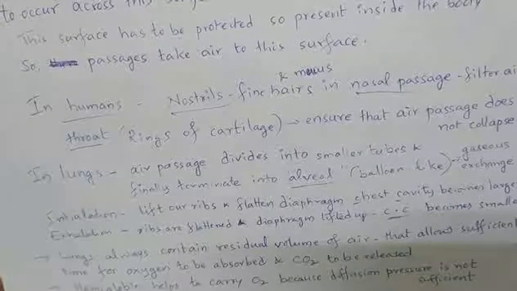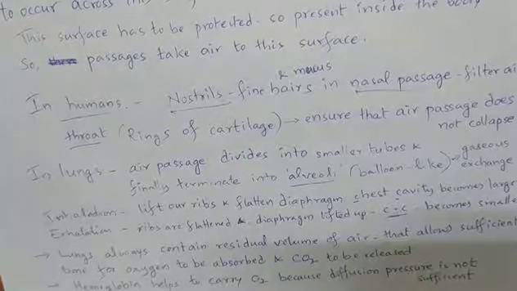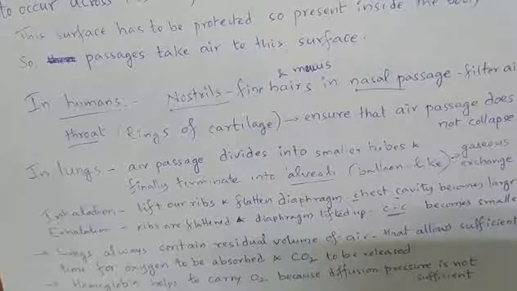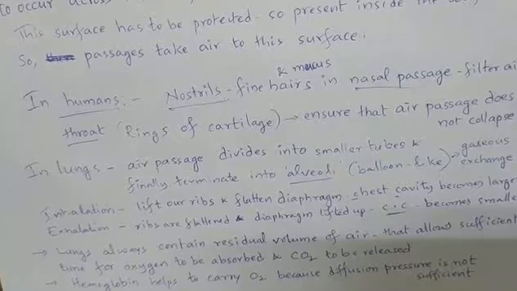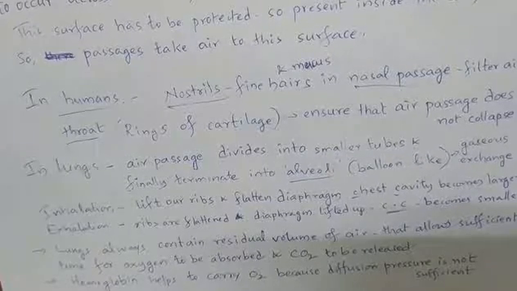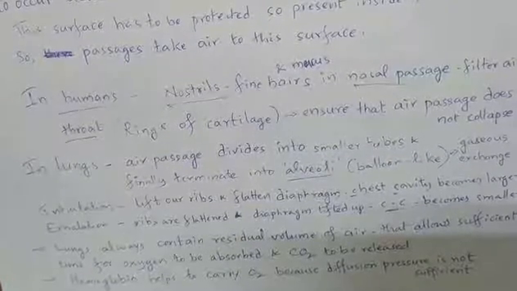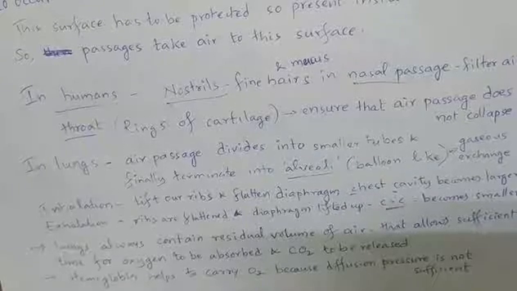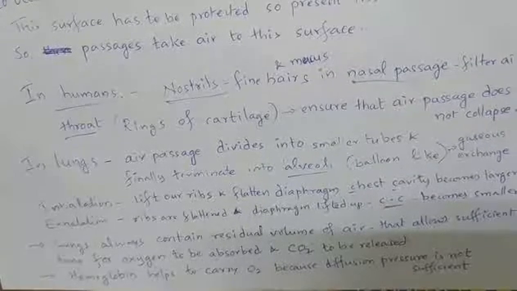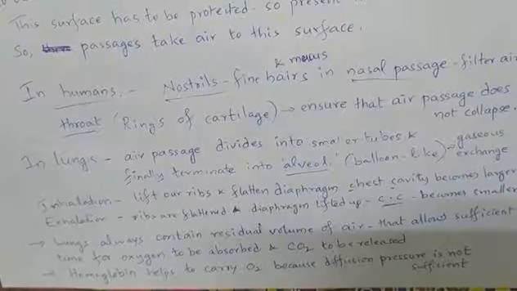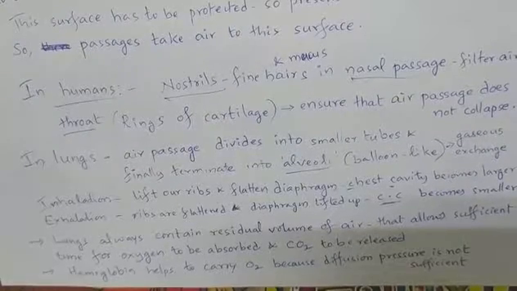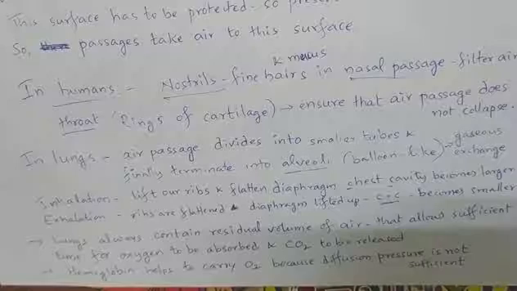By means of diffusion, if this air has to move to all the cells in the human body, it takes years together of time. So, for the transport of oxygen from lungs to all the cells, and for the transport of CO2 from all the cells back to the lungs, a specific arrangement is there, that is blood.